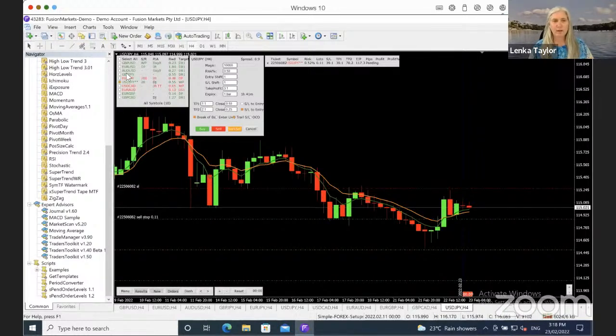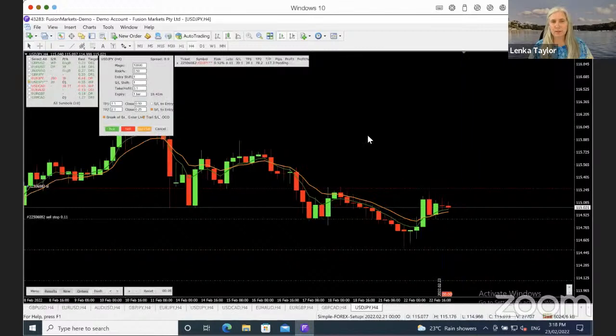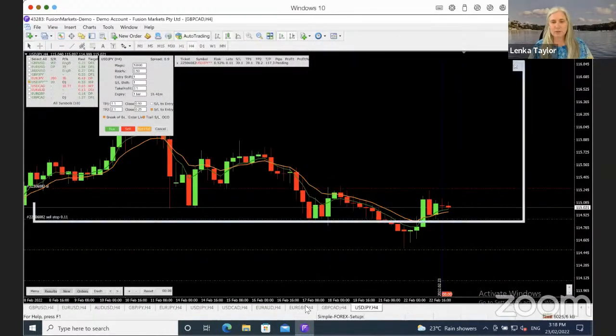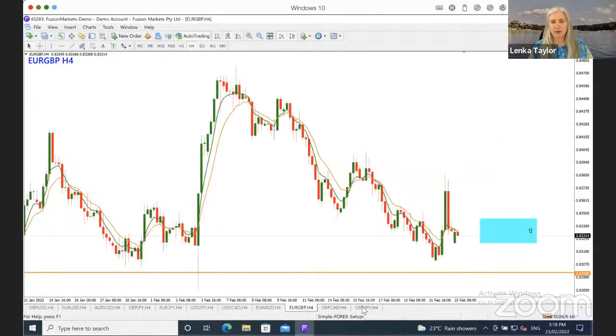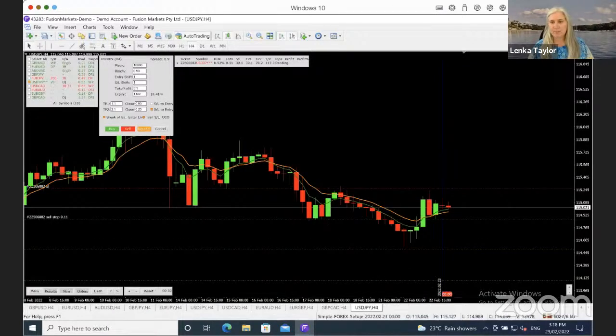So I usually have one window set up for the orders. That's my black window, and all my analysis charts are the ones with the white background. So that's how I set it up.